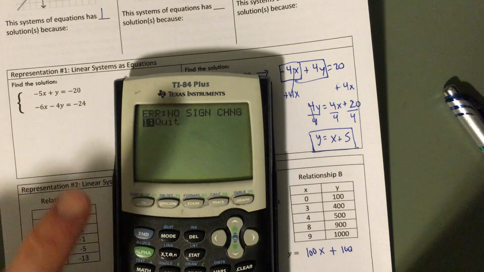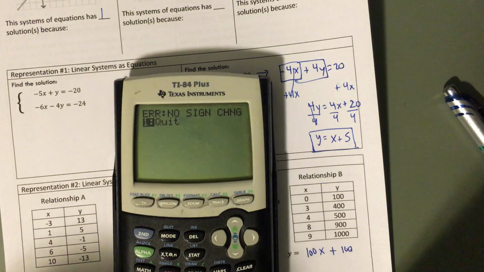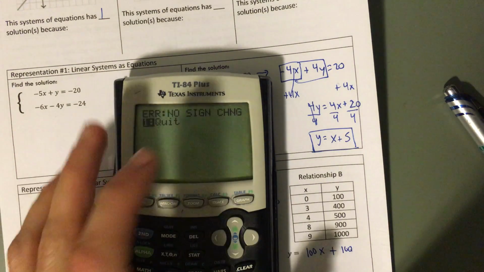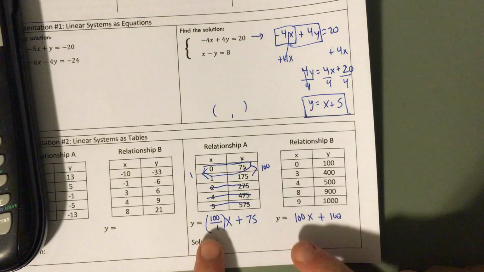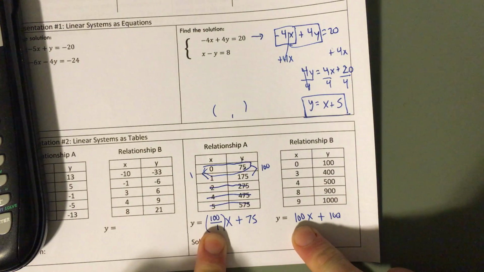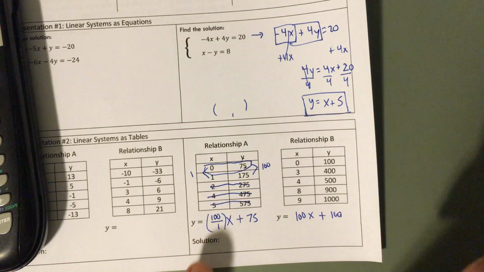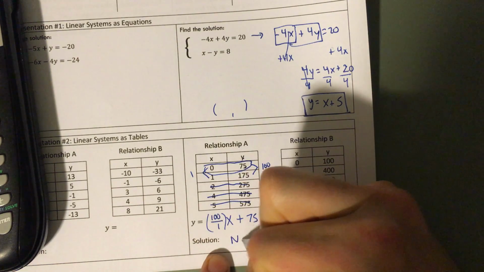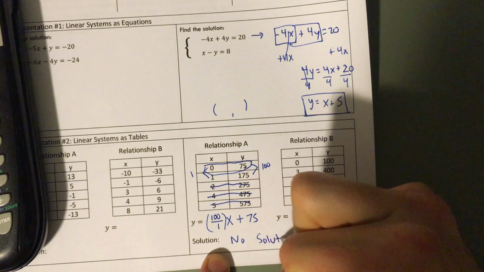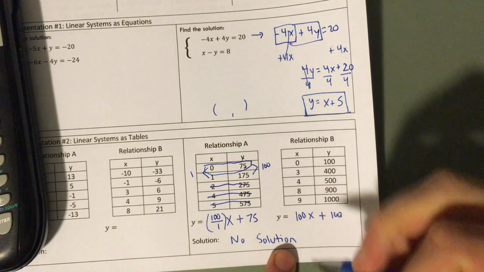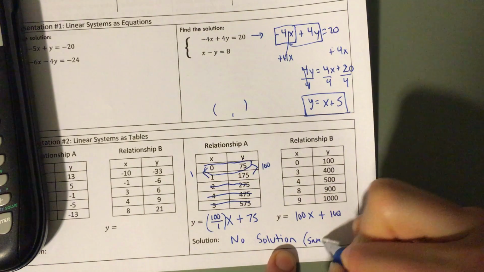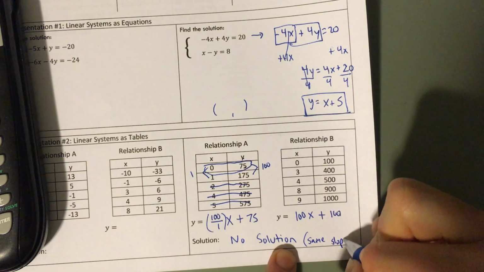So when I'm trying to find the intersection, the calculator is saying no, you can't do that. Well, if you look at this problem, why can't we do that? The slope is the same, so they're just parallel, which means there's no solution, right?